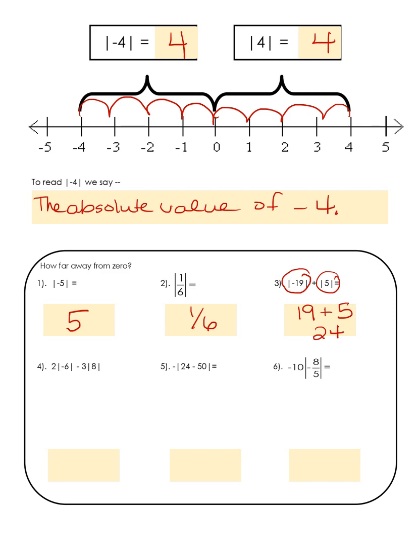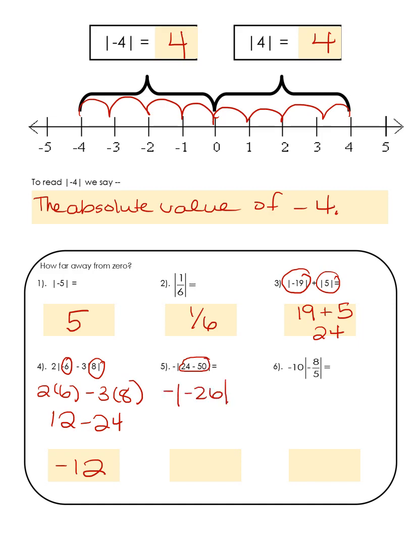The next problem, we always do absolute value first. So the absolute value of -6 is +6. The absolute value of 8 is 8. Then we do our multiplication, and we get -12. We do absolute value first. 24 minus 50 is -26.